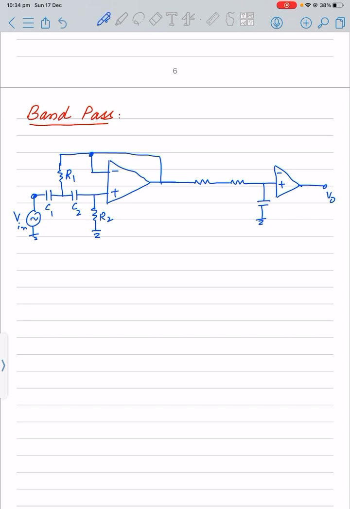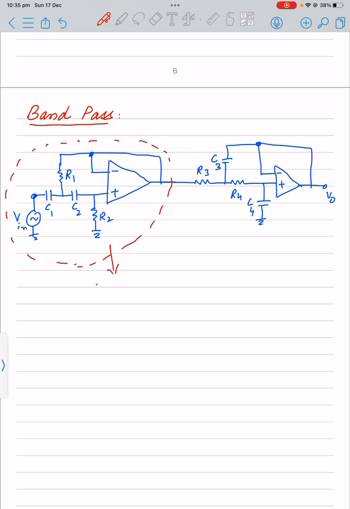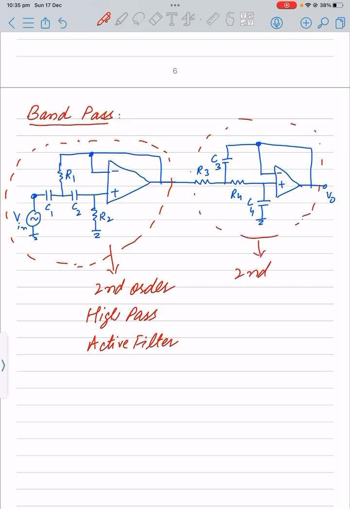That one will be C3, R3, R4 and C4. So basically we have cascaded the second order high pass active filter with a second order low pass active filter.